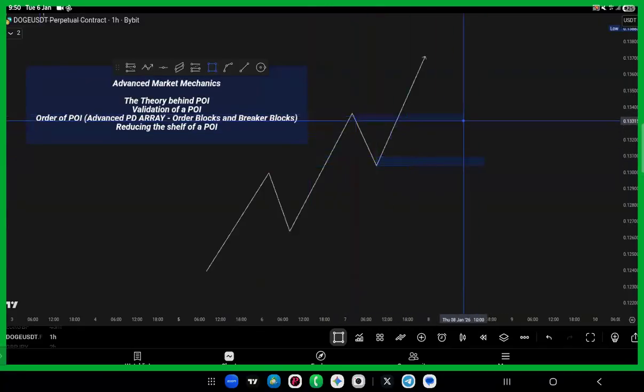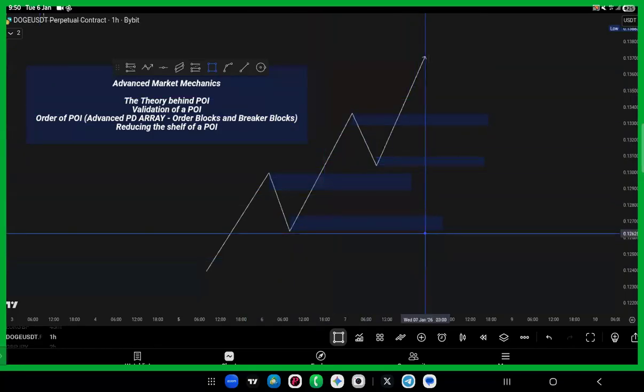You see your breaker block here. You see your order block here. You see your breaker block here. So out of all this, what exactly validates these points of interest to be used as the points of interest that we want to look into?